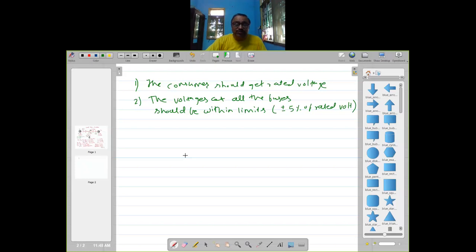This I have to ensure. So how do I calculate the voltage?